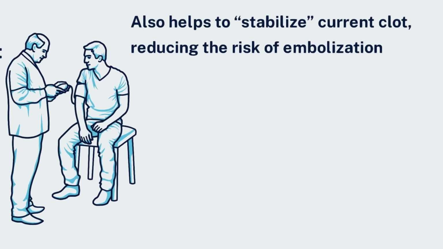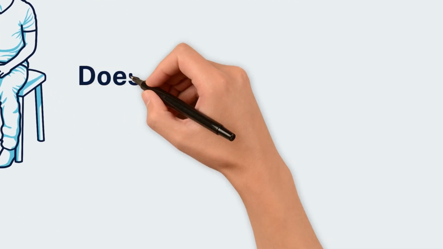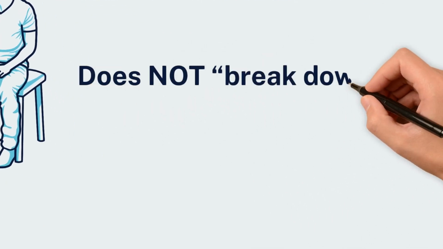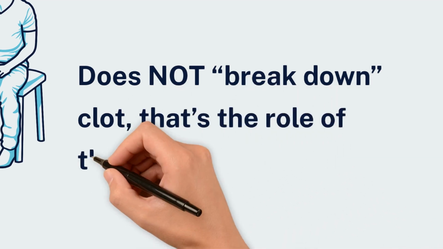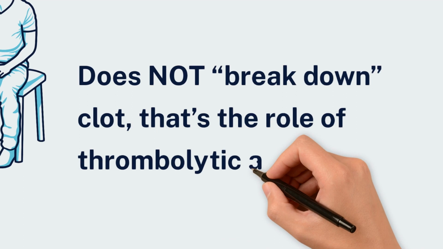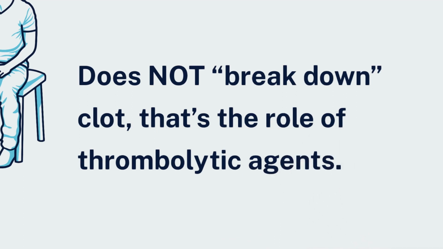But it's really important to remember that anticoagulation does not break down a clot. So we don't give an anticoagulant as a way to dissolve a clot. That's what a thrombolytic agent does.